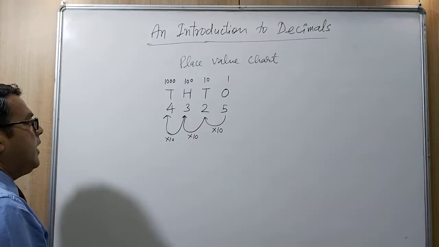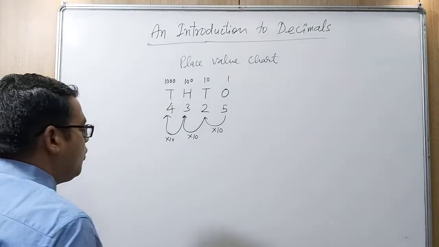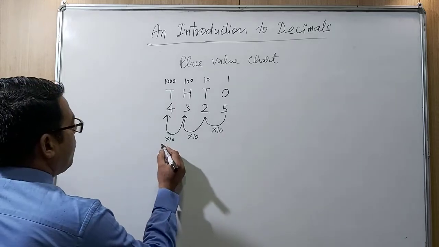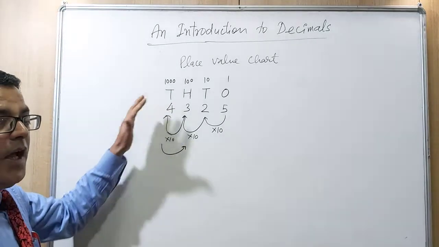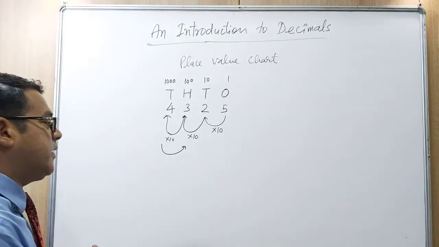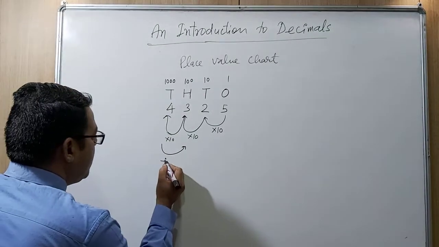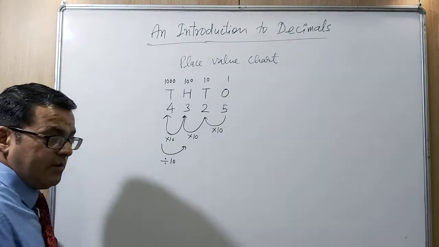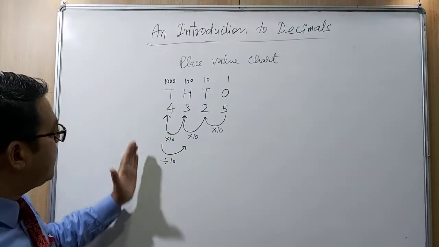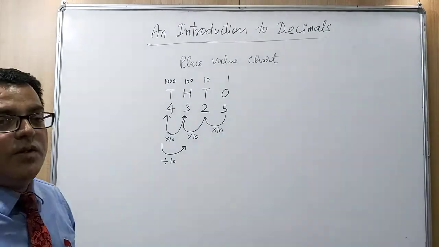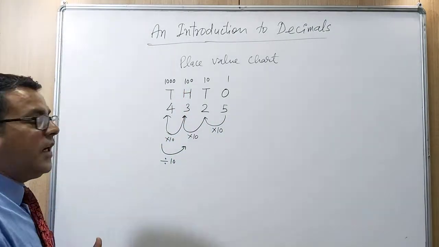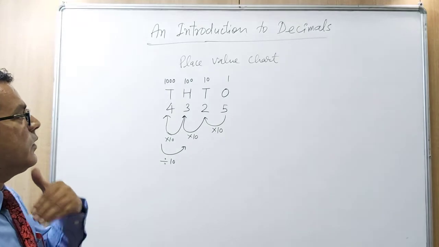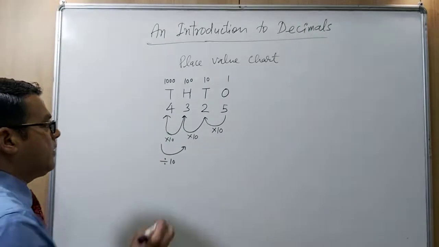And in the reverse manner, suppose we want to move from left to right. We are at 1000 place and we want to move to 100 place. What to do? We need to divide by 10 in this case. If we divide 1000 by 10, then we have 100. Similarly, suppose we are at hundreds place and we want to move to tens place.